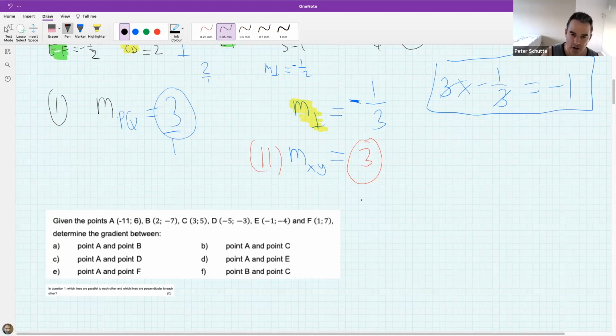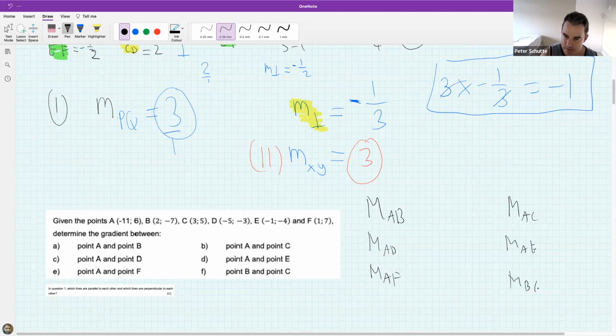So you are going to work out the M of AB, the M of AD, the M of AF, the M of AC, the M of AE, and the M of BC. And I want you to find which lines are parallel to each other, and which lines are perpendicular to each other.